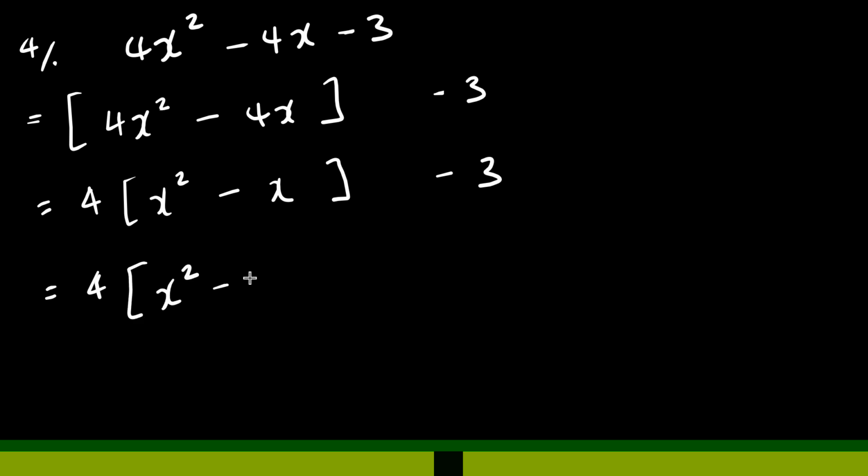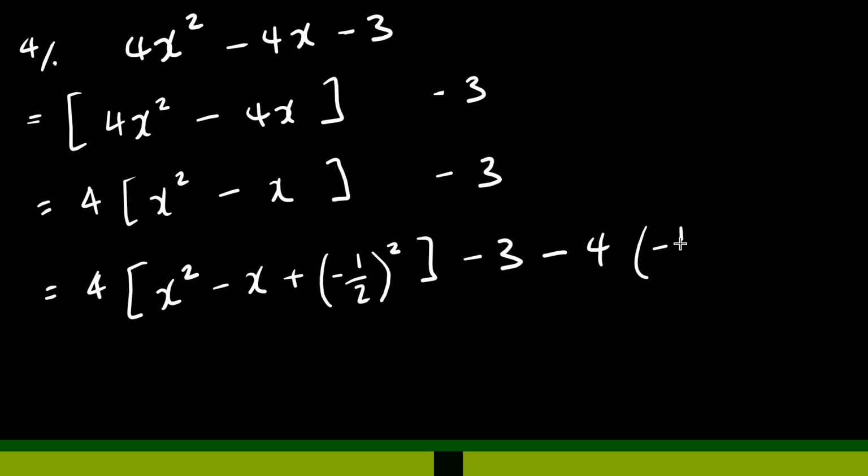So this is minus 1 here as our coefficient of x. Half of minus 1 is going to be minus half squared minus 3, and then we have to subtract what we've added here. So it's minus 4 times minus half all squared.